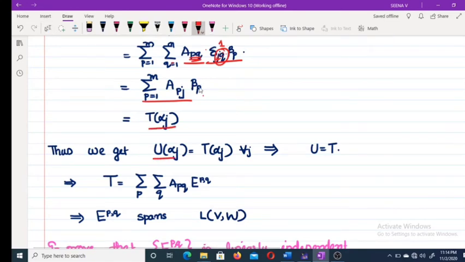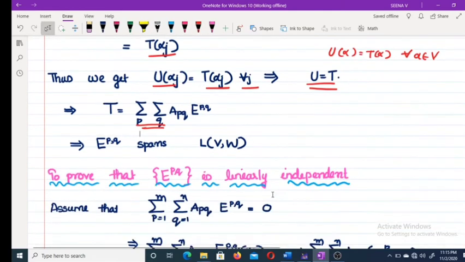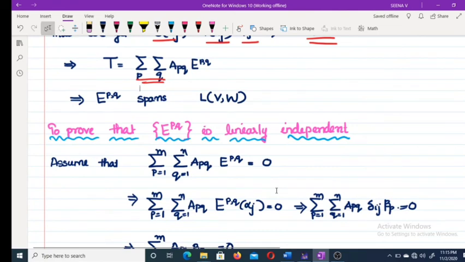Thus, we get U alpha j equal to T alpha j for every j. This implies U of alpha equal to T of alpha for every alpha belonging to V. This implies U equal to T. But we have U equal to sigma p, sigma q, APQ, EPQ. Therefore, T is also equal to this.